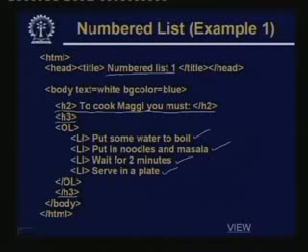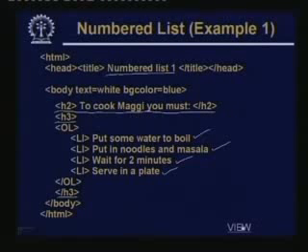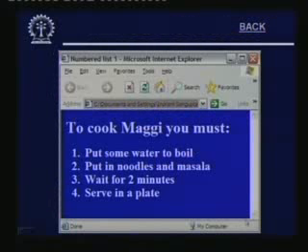One thing I did not mention is that although we have 5 different styles available to us, by default the style which is used is the numbers 1, 2, 3, 4. Now, let us see how this HTML file will look on the browser. It will look like this.